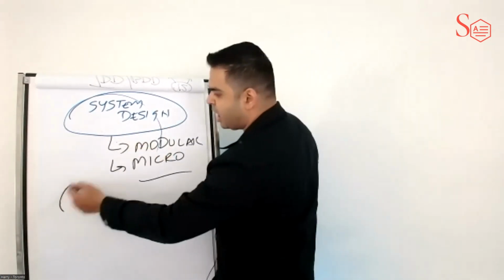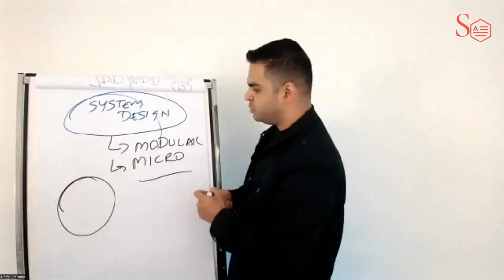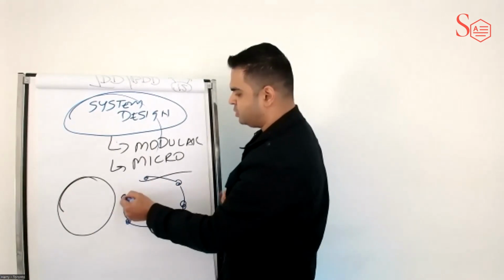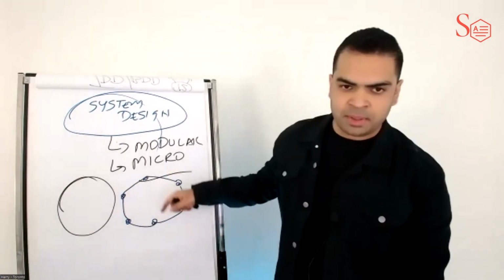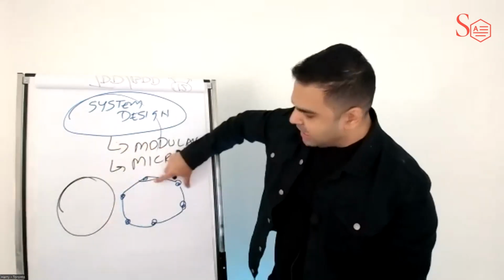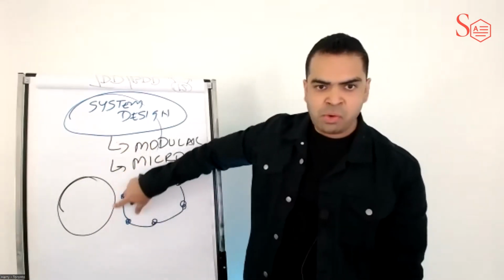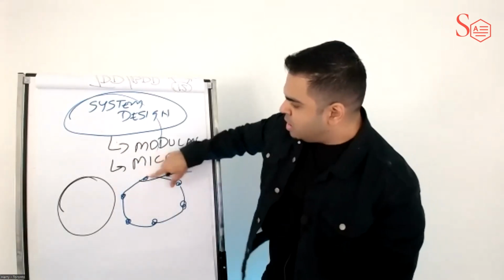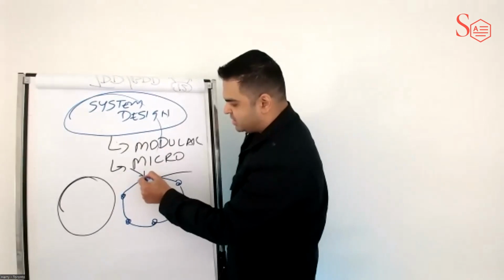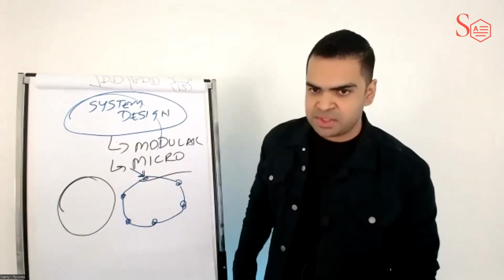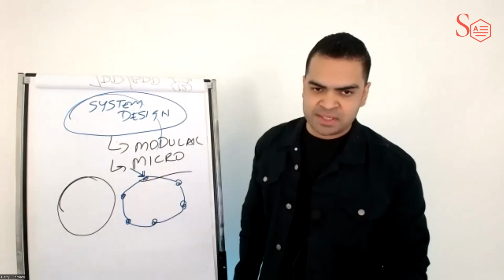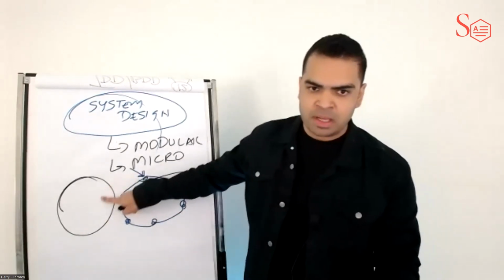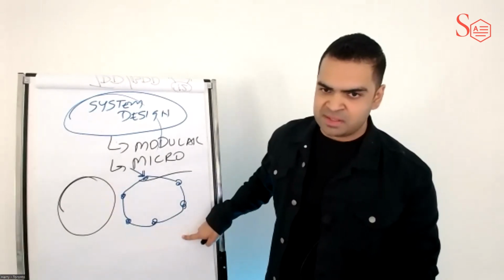That we're breaking a large monolith into smaller microservices, which are loosely coupled with each other, and they can communicate with each other typically through REST APIs. Which means a team that's working on this specific microservice or this specific module of a system is freed up from dependencies from other parts of the system.